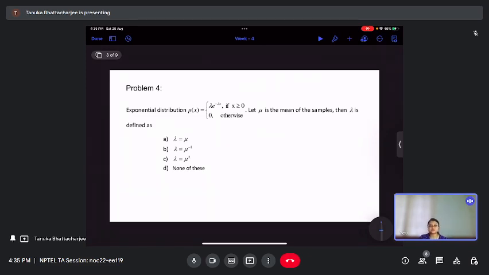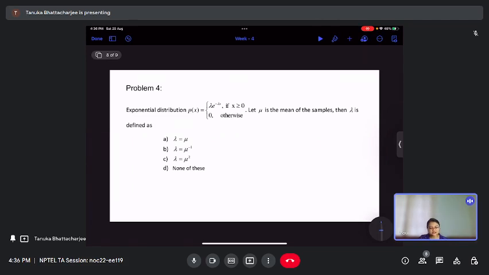Once you specify the value of lambda, this density function is completely specified. You do not have any other parameters. Lambda is the only parameter. So, if you can estimate the value of lambda from your data set, you have completely estimated this density.